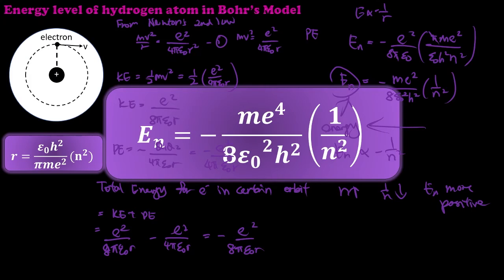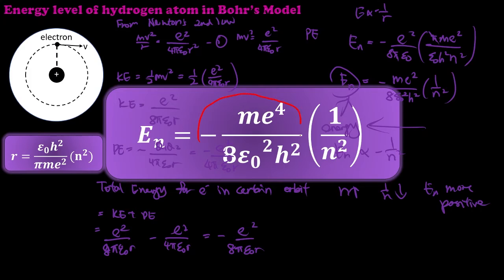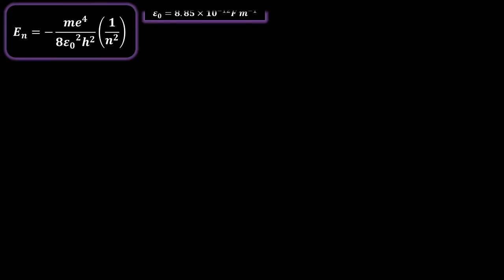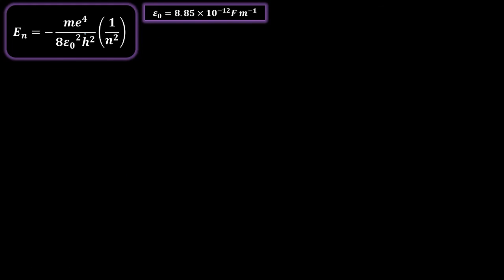If you look at these equations, why I usually put this one together, okay, if you notice here, I will put this one outside the bracket. Why? Because all these values are actually constants. So in other words, En actually depends on the quantum number of the orbits. So by substituting the constants, let's say you have your epsilon naught, which is equal to 8.85 times 10 to the power negative 12, and then you have your m for the electrons.